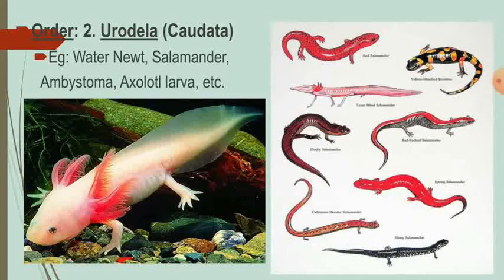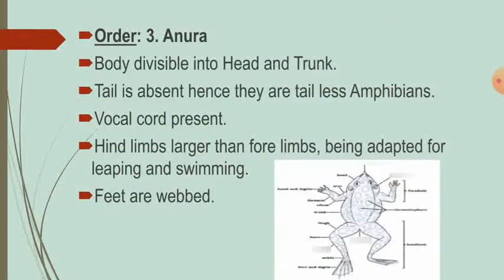So let us know about the next order, that is Anura. Anura is also called Salientia. Here in the Anura, the body is short and broad, divisible into head and trunk. You can see in this image only the presence of head and trunk.